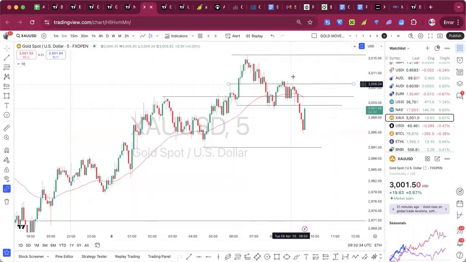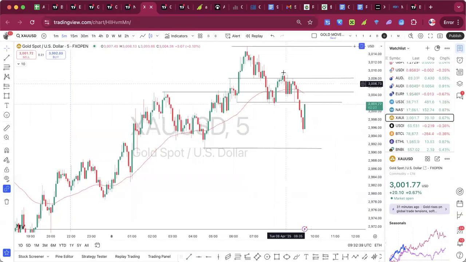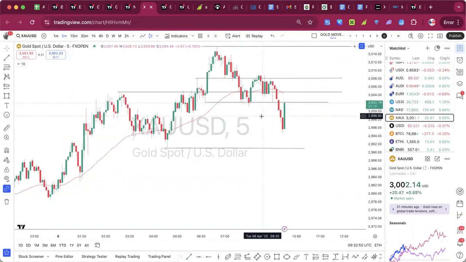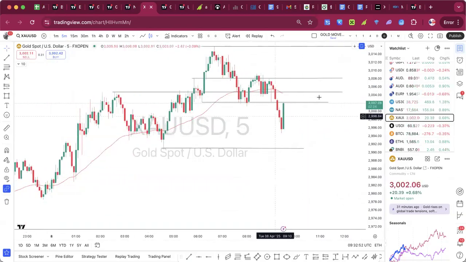That means people who are short gold from here can be targeting this low. Now they are waiting for another sell, because that's a displacement. So it's either we reject here, or we reject here, whichever way.